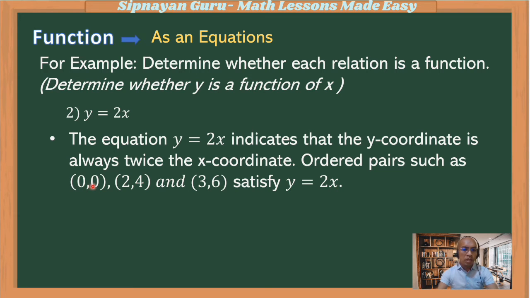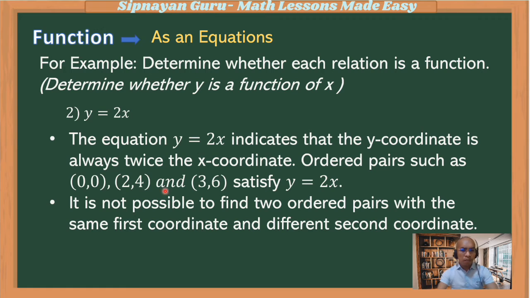If x is equal to 0, 2 times 0 is 0, so this is the ordered pair. If x is equal to 2, 2 times 2 is 4, so this would be the ordered pair. If x is 3, 3 times 2 is 6, this would be the ordered pair. All these three ordered pairs satisfy the equation y equals 2x.